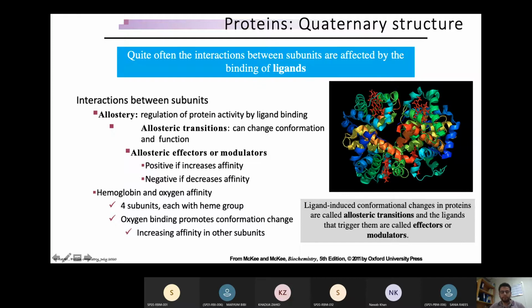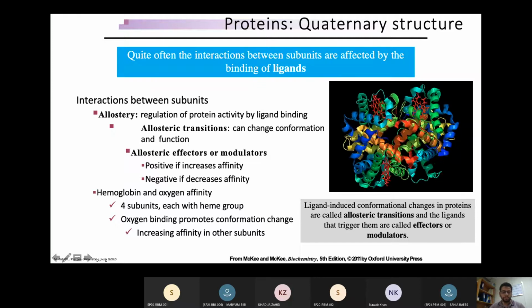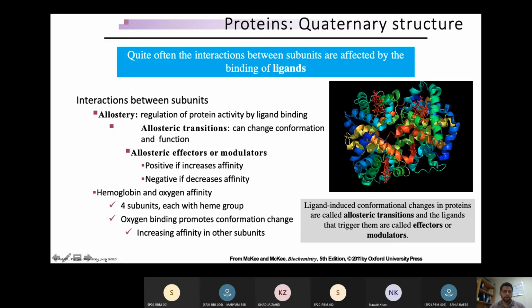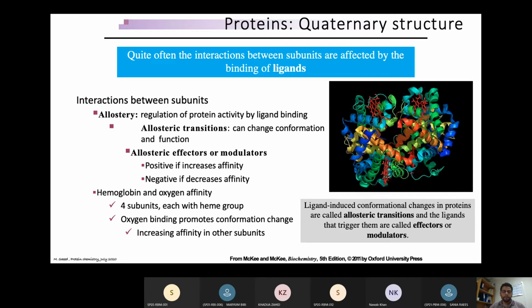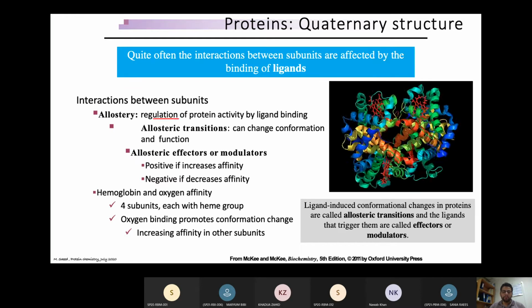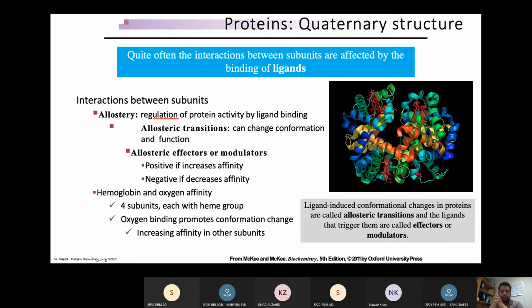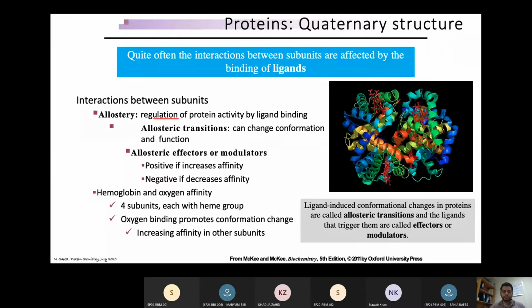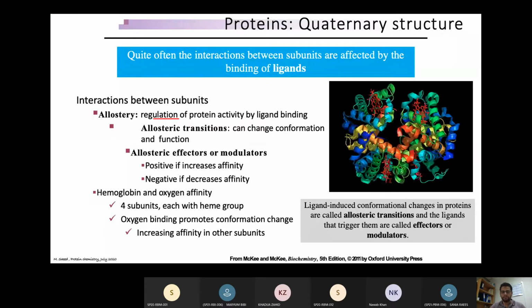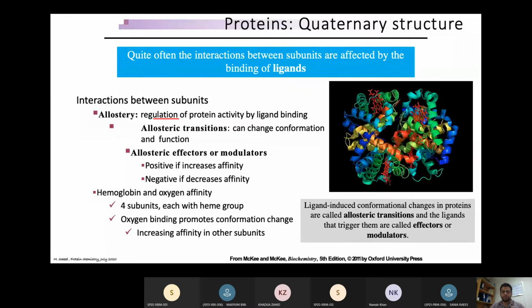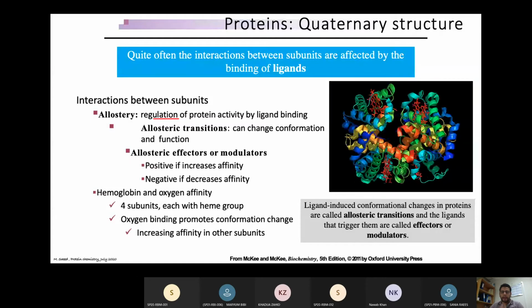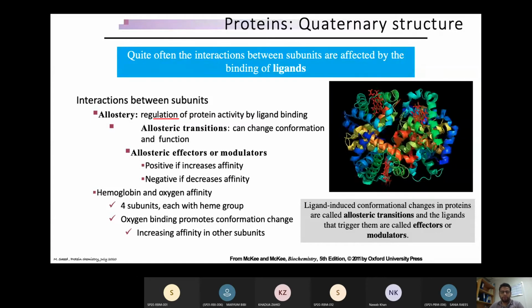It's in fact a regulatory phenomena in which a protein, when bound to its ligand, might change slightly its structure and function. This kind of transition is called allosteric transition. That means a change in conformation and function of the protein by the binding of a ligand.